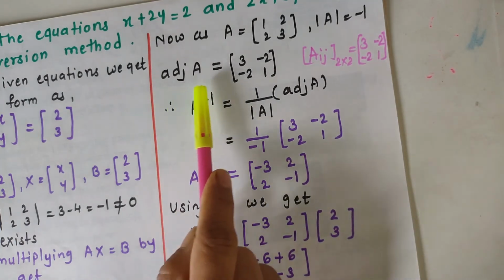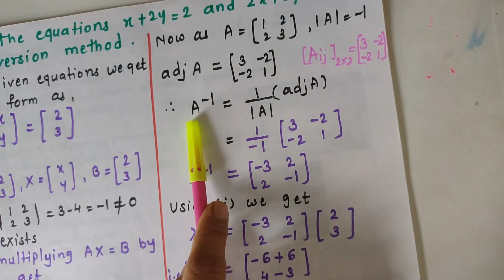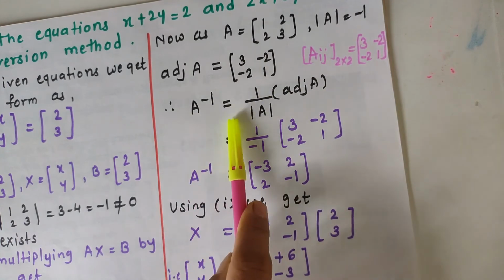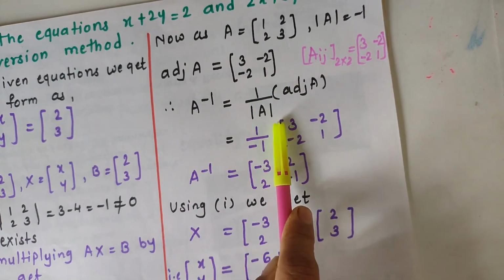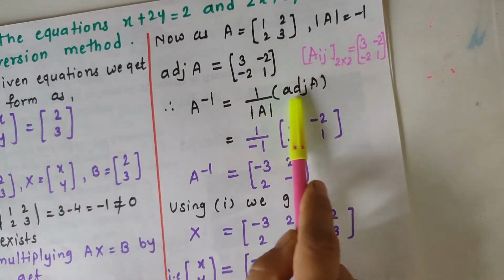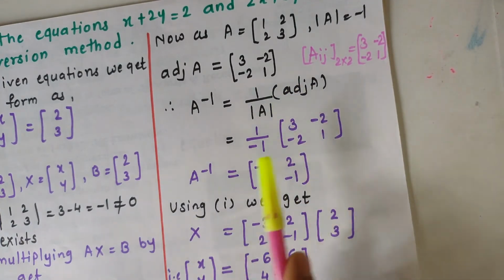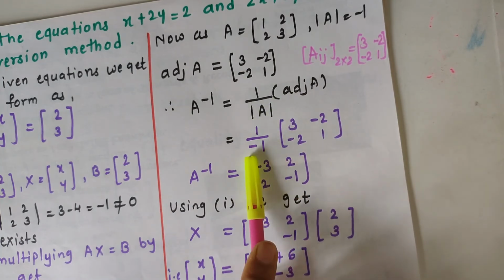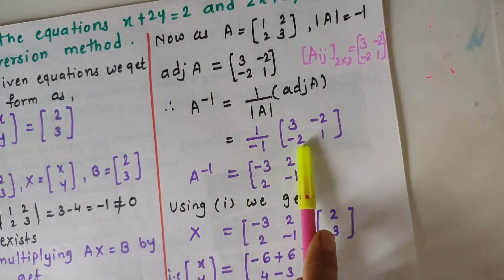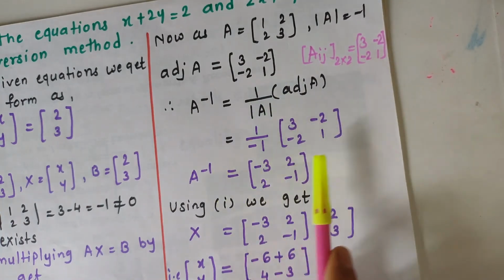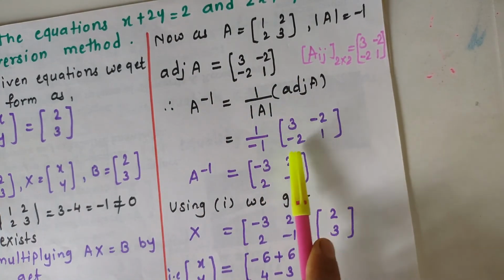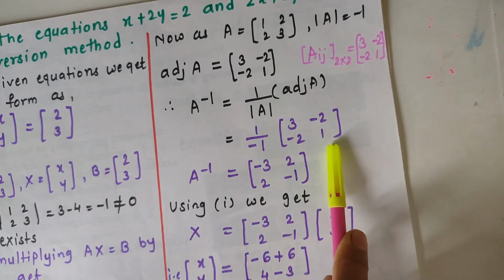So by using the formula we get A inverse is equal to 1 upon determinant of A into adjoint of A. Putting the value of determinant of A equal to -1 into the adjoint of A, which is the matrix 3, -2, -2, 1.